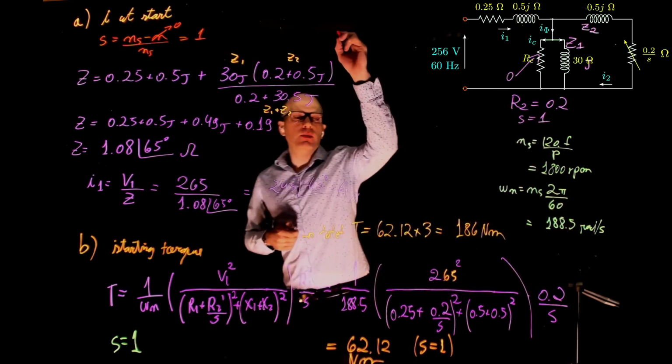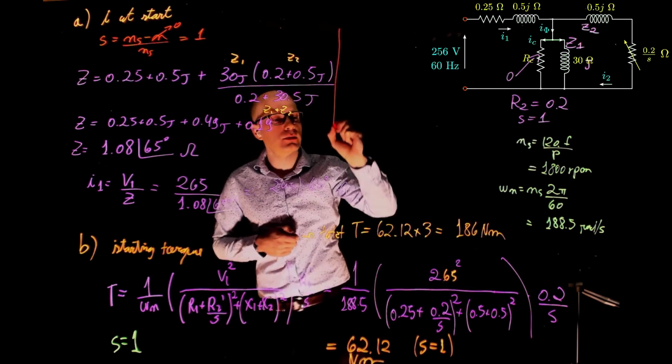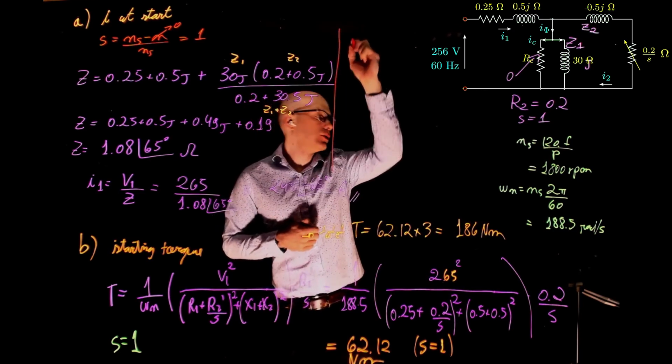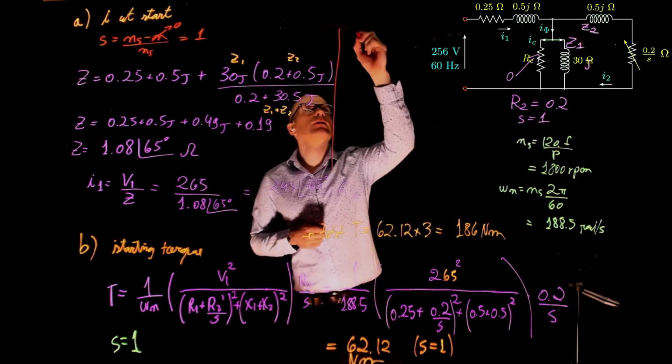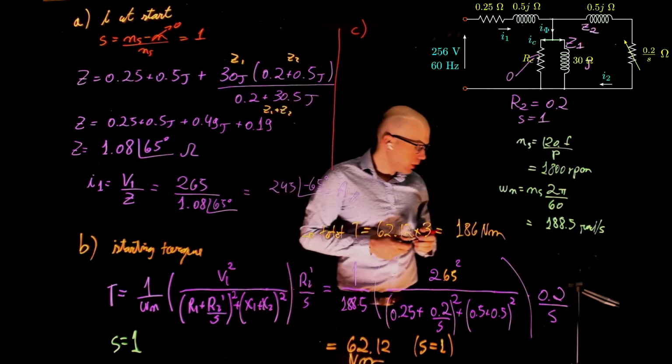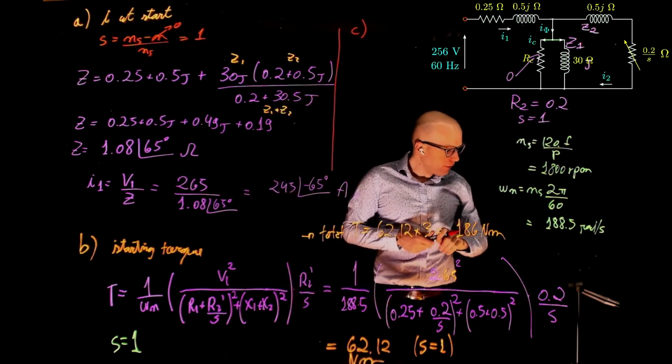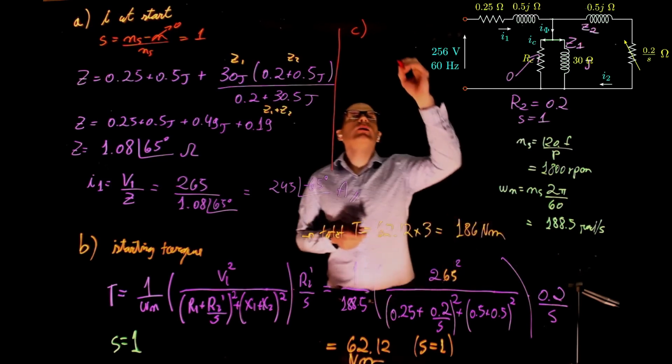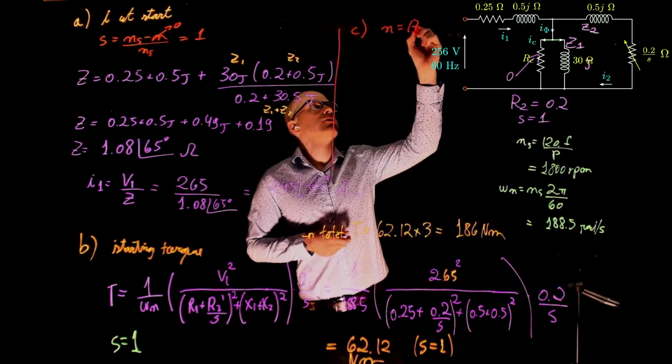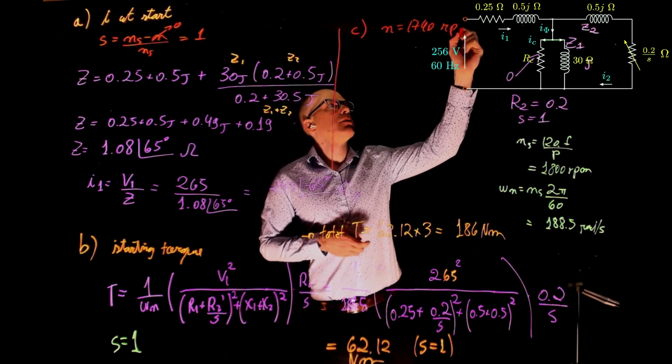So I'm going to make some room here for question C. What do we have? The full load slip if now we rotate at 1740 RPM.